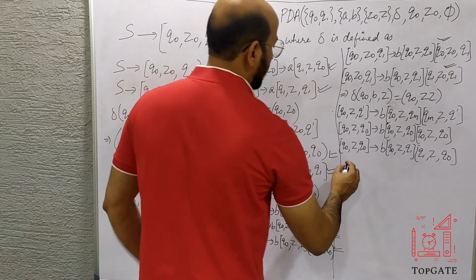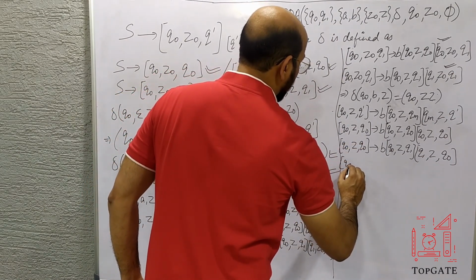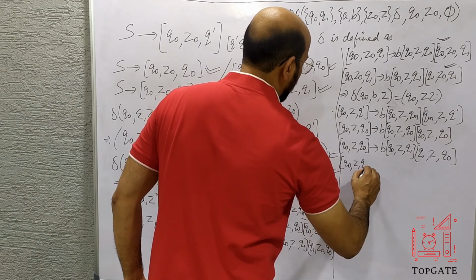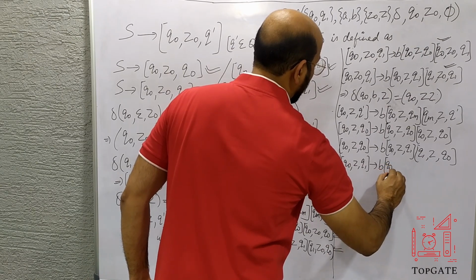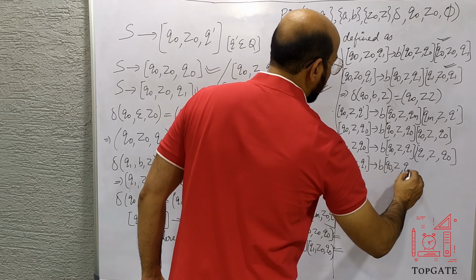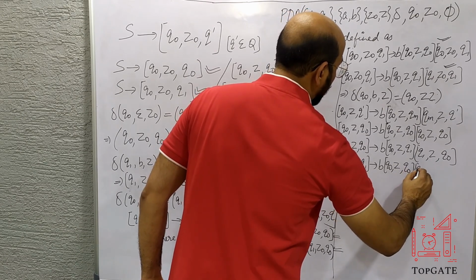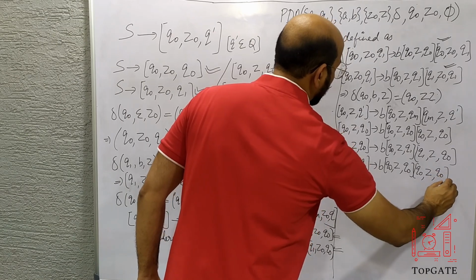Next one I'll take as Q1 this time. So this will be (Q0, Z, Q1) gives B, then (Q0, Z, Q0) this time, and this will also be (Q0, Z, Q1), not Q0.